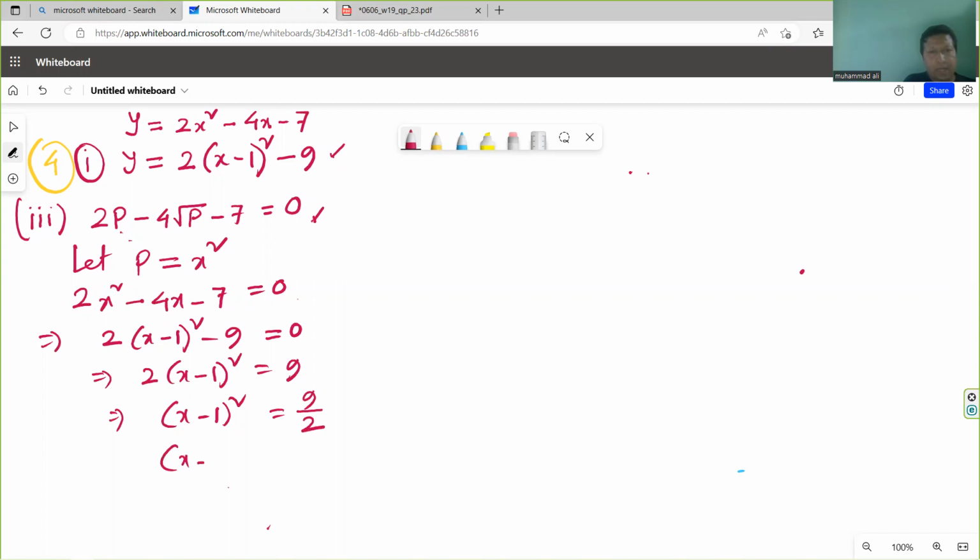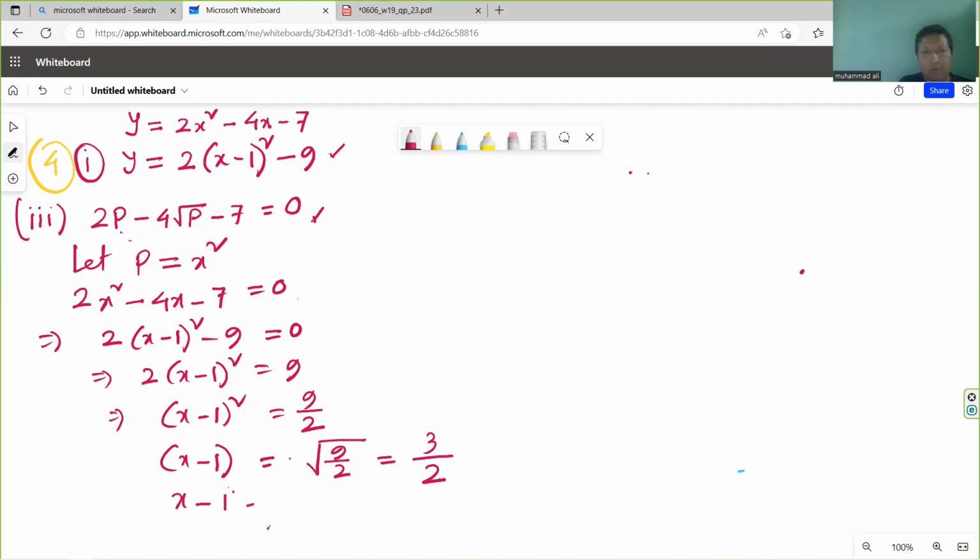So x − 1 equals √(9/2), that means 3/√2. Why will we not take plus or minus here? Because we are using the result of part 1, and the curve has only one minimum point. That's why we only take the positive value.